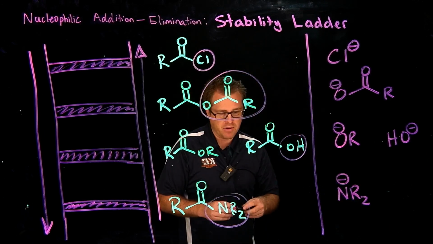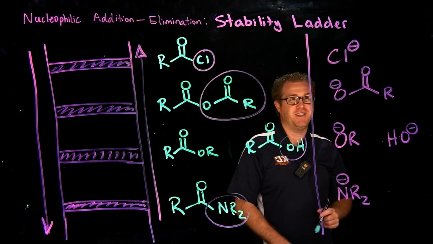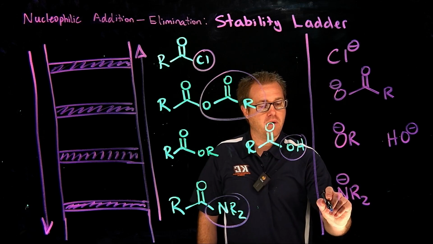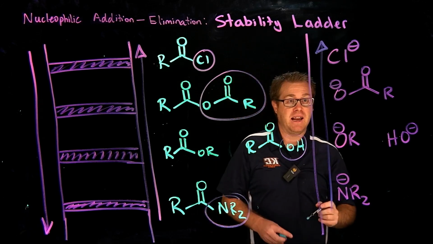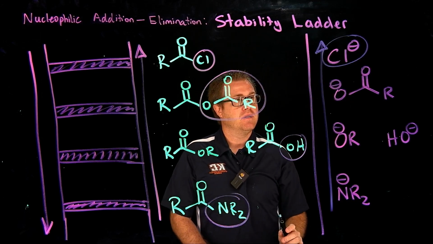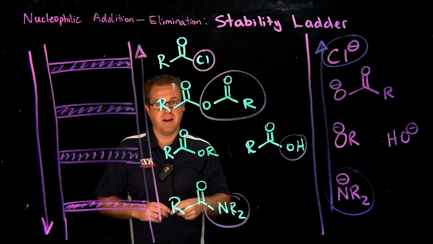Now, what can we say about these leaving groups in terms of energy? We can see that as we go up this way, we are increasing instability. So this is the most stable, and this is the least stable of this list right here.